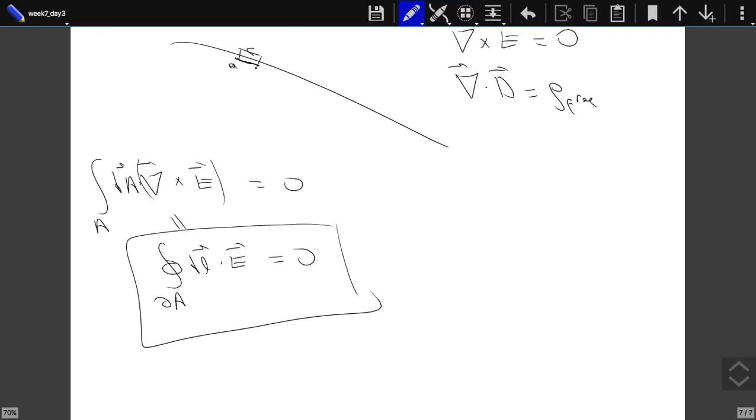Let me give some names, A, B, C, and D, to all those points. Let me also define the inside and outside. It doesn't really make any difference which surface you call the inside and which you call the outside, just to give it some names. And the electric field might have different expressions inside or outside the surface.